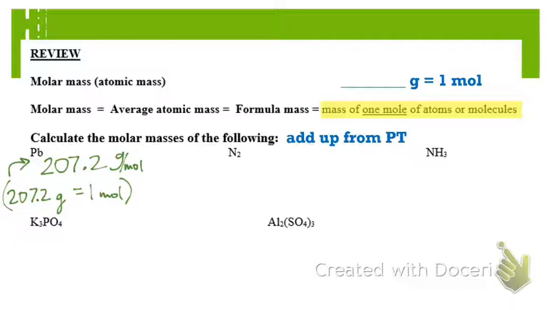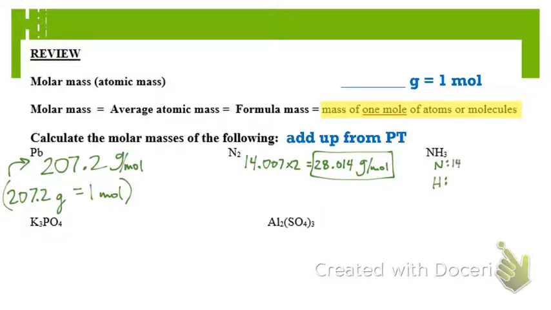If I have something like N2, it's still just one element, so I'm going to find N on the periodic table and its mass. But since there's 2 of them, we're going to multiply that by 2. And that gets us a molar mass of 28.014 grams per mole. If I have more than one element, I'd recommend you start by finding each of their masses separately on the periodic table.